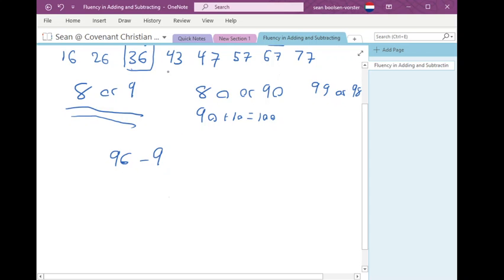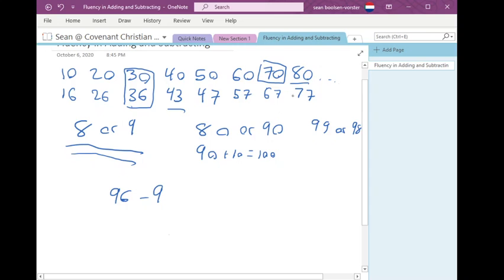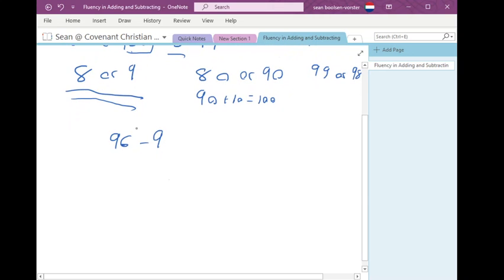We want to get to one of these multiples of 10, right? And 90 is a multiple of 10. Now, remember, with addition, we are going up, so we would find how many to get to the next one, which would be 4. But in this case, it's actually easier because the number is right there. That's how many we want to go down. We don't have to think about it too much.